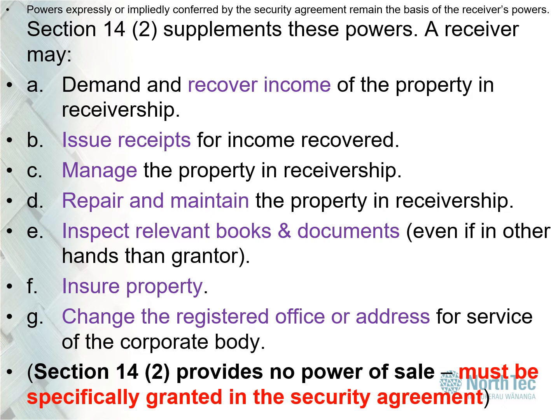A receiver may demand and recover income of the property in receivership, issue receipts for income recovered, manage the property in receivership, repair and maintain the property in receivership, inspect relevant books and documents, even if they are not in the hands of the grantor, insure the property, and change the registered office or address for service of the corporate body. And keep in mind that Section 14.2 provides no power for sale.